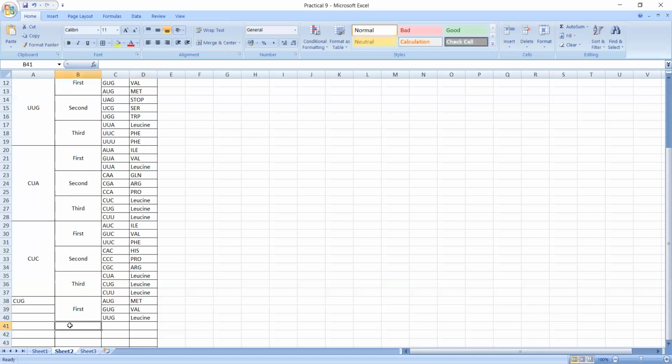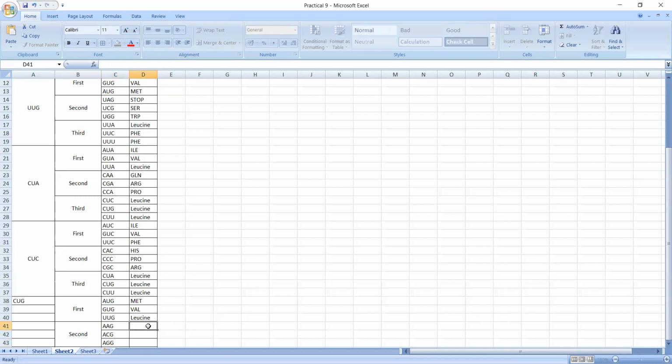Now if there is a change in the second base, I may have changes. What is the second base here? The second base is U. So it will be AAG, ACG, and AGG. All right.